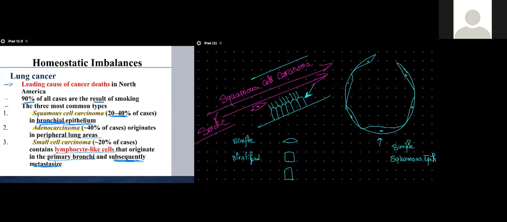Smoke, which is an irritant, causes irritation of the epithelium. So how is your epithelial lining gonna respond to irritation? If you are wearing a tight shoe and you kept running, what's gonna happen to the skin of your foot? It's gonna be swelling, it's gonna be inflamed, and over time it's gonna be thicker.